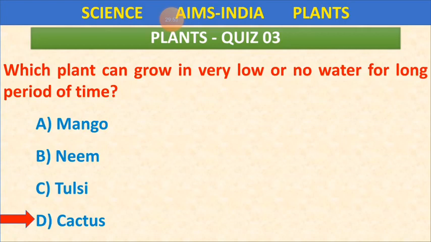As we said, this cactus grows in the desert, and as I said, in the desert we do not get water. There is no source of water, but still this cactus is able to grow because the stems of this cactus store the water and they are able to survive. Understood, children? Yes. Now the next question.